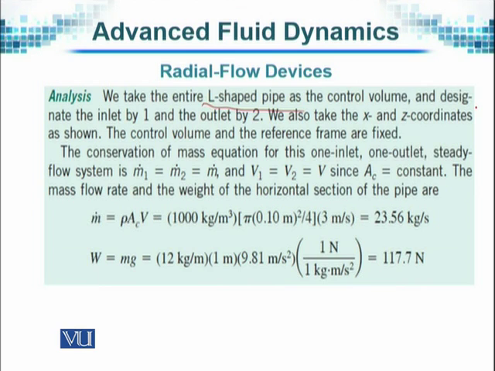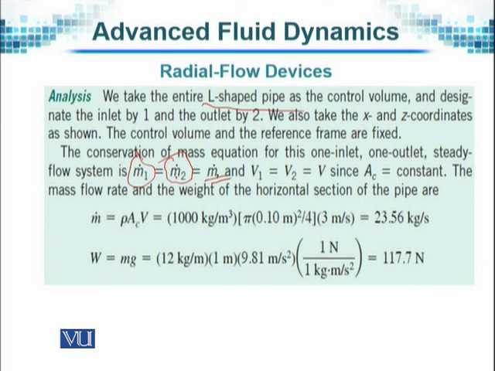The conservation of mass equation, the continuity equation, demands that the fluid coming in should be equal to the fluid going out. Therefore m1, the rate of change of mass at the entry point, should be equal to the fluid being thrown out, and let that be denoted by just m dot, the rate of change of m.